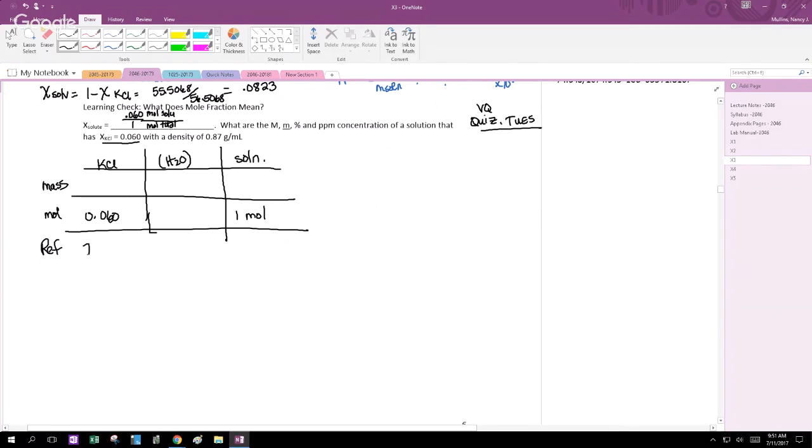Reference information here, 74.453 grams per mole because it's the same solute. 18.0158 grams per mole because we're talking about water. And the solution density was 0.87 grams per milliliter. And I probably need to know something about the volume in order to solve the rest of the problem.